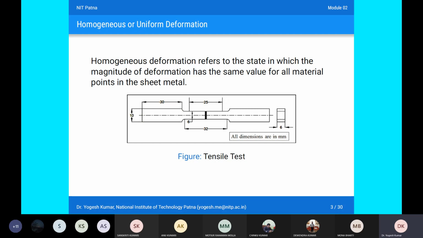In homogeneous deformation, the important property for carrying out your tensile test is that your material should deform homogeneously, or the deformation at all material points in the sheet metal has the same value. We prepare such a test specimen and clamp it on a tensile testing machine.